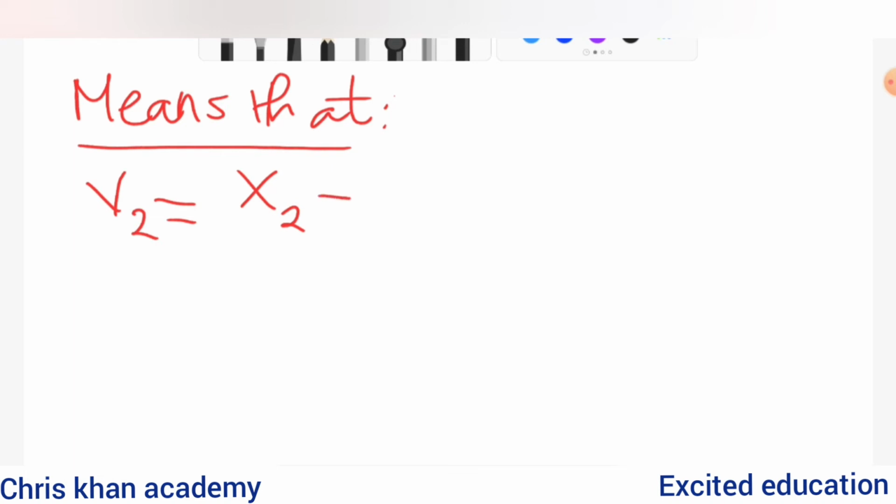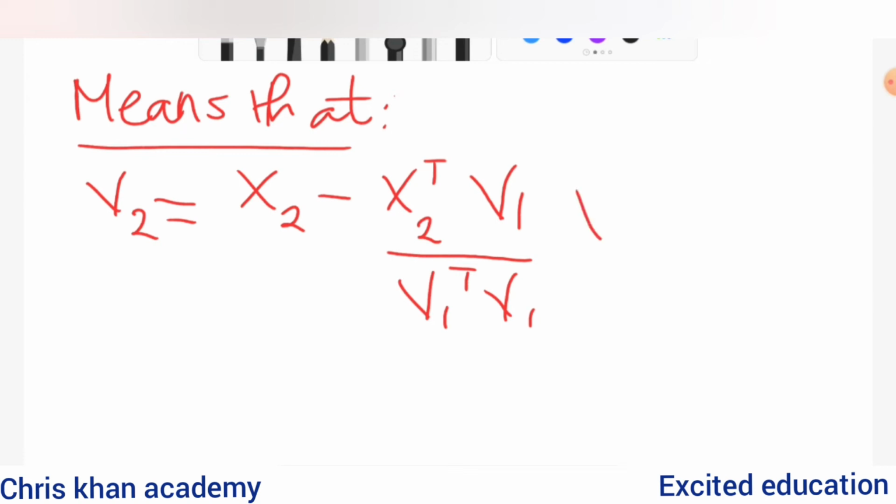So we have another one. How can we work out v3? We work out v3 by x3 minus the projection onto v1 of x3, then minus the projection onto v2 of x3, and we know the projections onto v1 and v2.